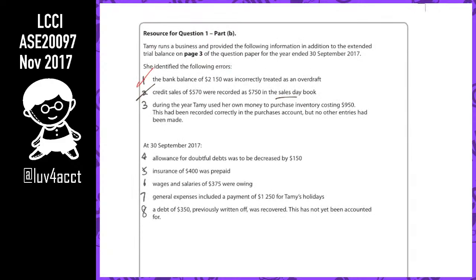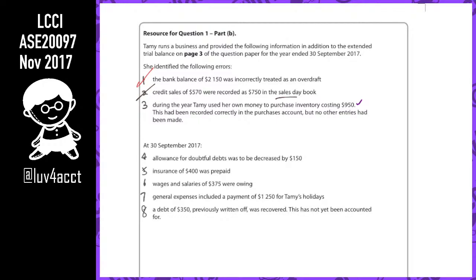Item 3. During the year, Tammy used her own money to purchase inventory costing 950. This has been recorded correctly in the purchases account, but no other entry has been made. If we have purchases of inventory using the own money of the owner, the sole trader, it should go into the purchases account and also to capital account credit.